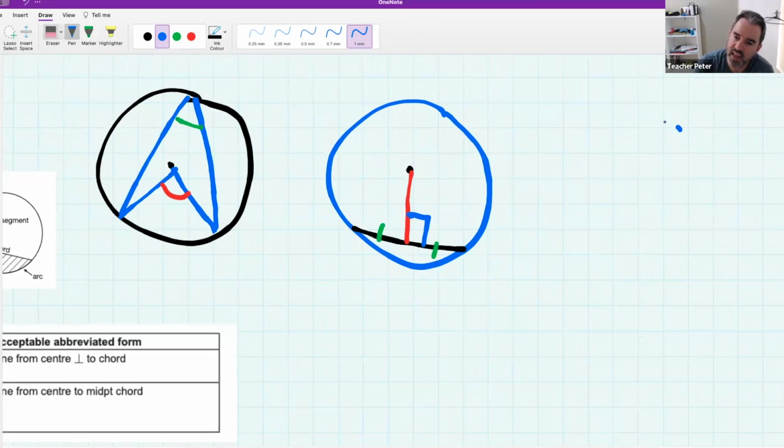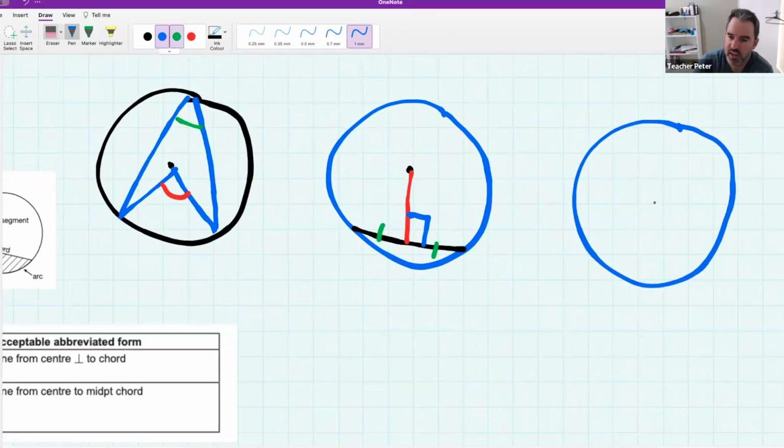And then the other thing that we need to bear in mind about the center of the circle was if you have a chord, and it goes perpendicular from the center, then we know that it cuts this chord into two equal pieces.